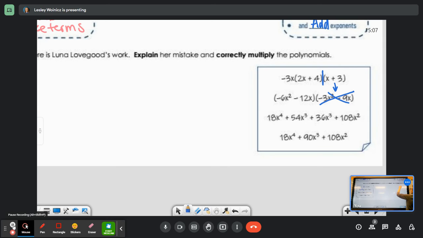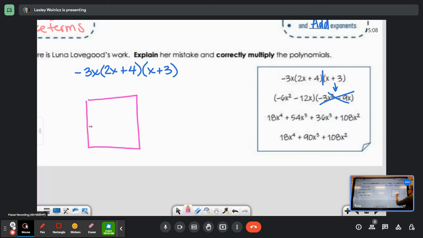So we've got negative 3x times 2x plus 4 times x plus 3. I'm going to show you how to do a box with the fewest steps possible on this. So whatever your result is from this first step, you're going to put it as the top of your box. And then you don't have to rewrite it. Watch.